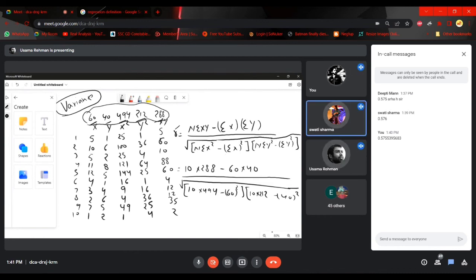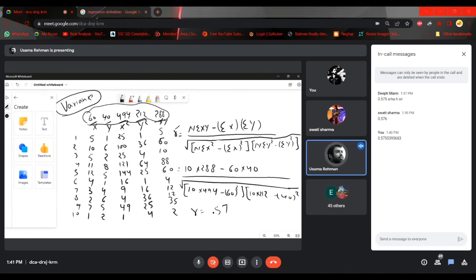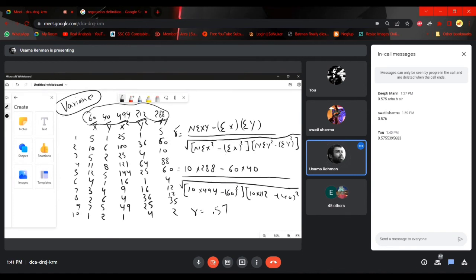So if we have percentage of uniqueness, let's say you get R is equal to 0.57. ठीक है? इसका interpretation होगा कि both the variables have a positive significant correlation.